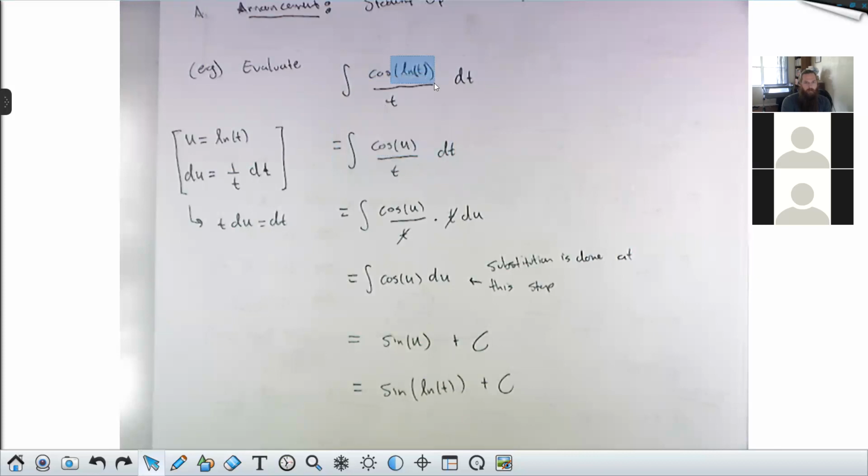We chose to substitute for ln t, so we plug that in for u. The first thing you do after that is plug in for your differential. So we solve our differential for dt. And then we plug that in. So dt was equal to t times du. And when we plug that in, we see that those cancel.